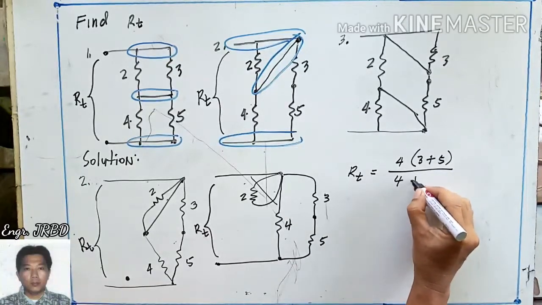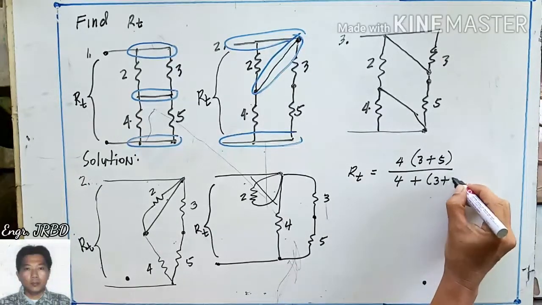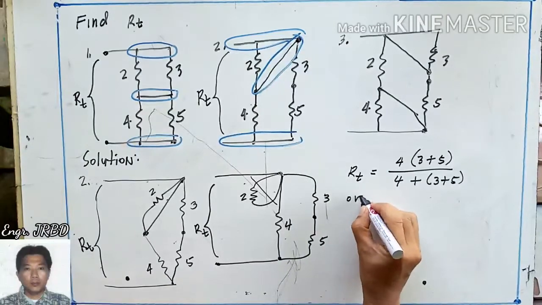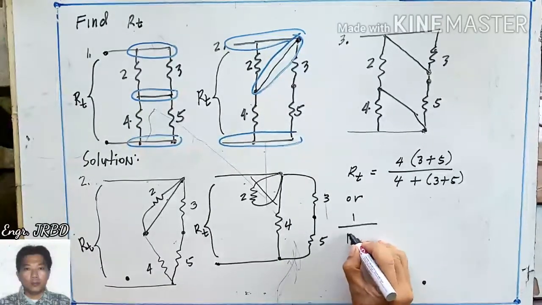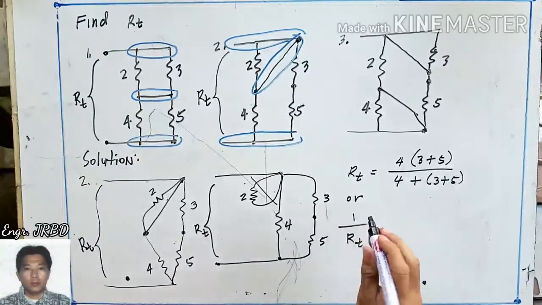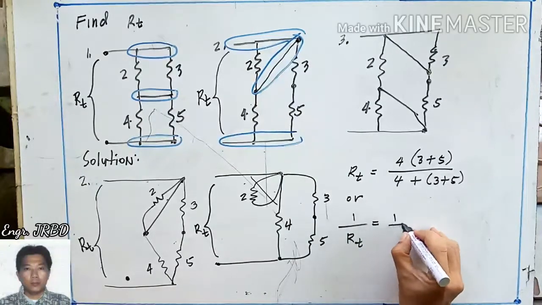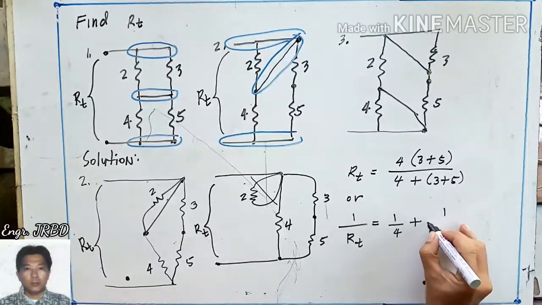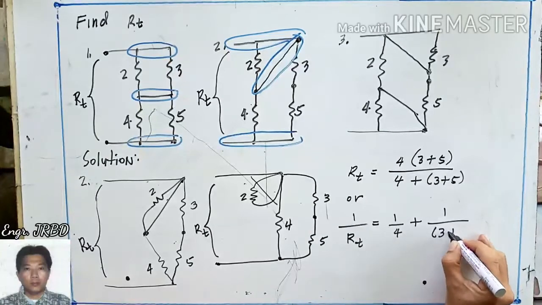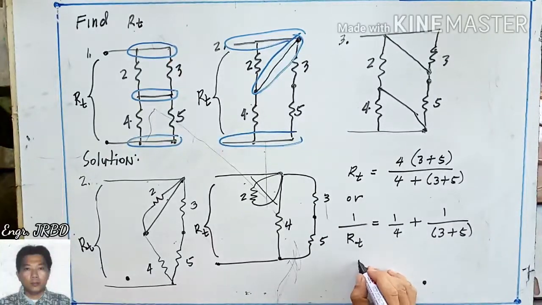Or, if you are accustomed to this formula, 1 over R total is equivalent to 1 over 4 plus 1 over 3 plus 5. The result will be the same.